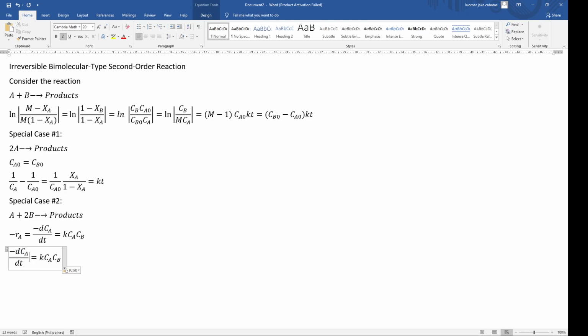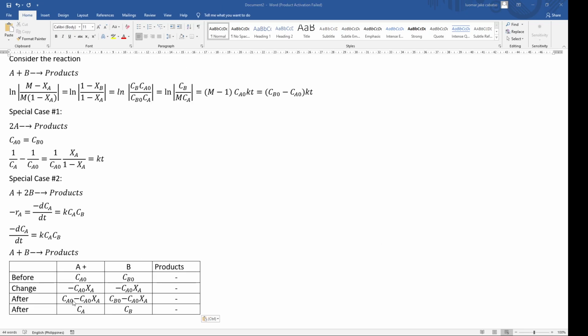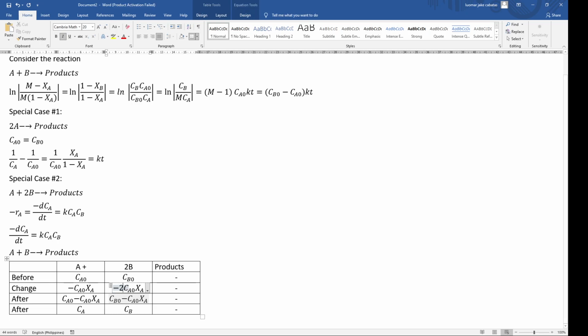So we need to find a relationship of CA, CB, and time. And same as last time, we will be using the BCA table. But this time our B has a coefficient, so every change mag times 2. Okay, so times 2 na dira.